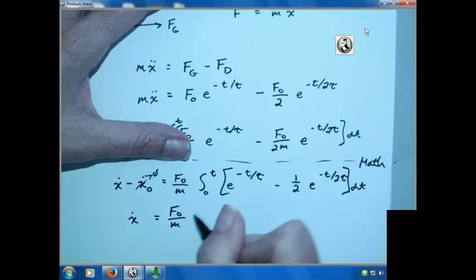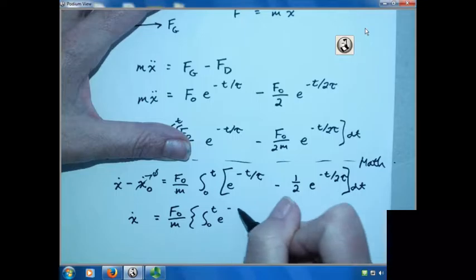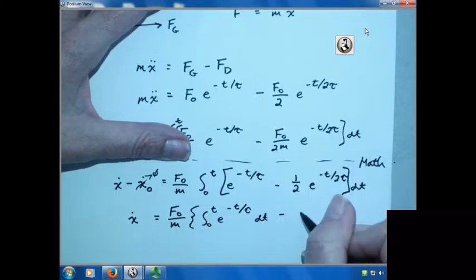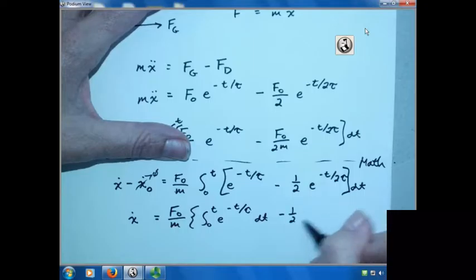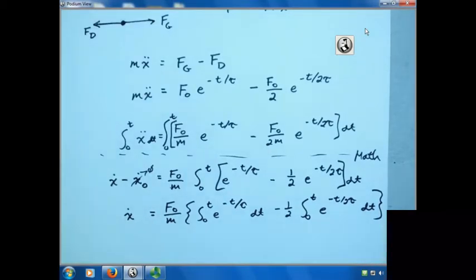So I've got times the quantity, the integral from 0 to t, e to the minus t over tau dt, minus 1/2 the integral 0 to t, e to the minus t over 2 tau dt. Is everybody okay with that step? Are you all right with that?